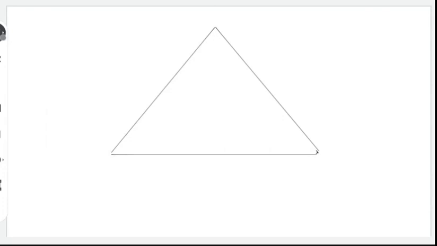But I'm also going to, so this is equilateral, and I'm going to split it down the middle. Like that. And this side length is 2, and this side length is 2. And the big black triangle is equilateral.